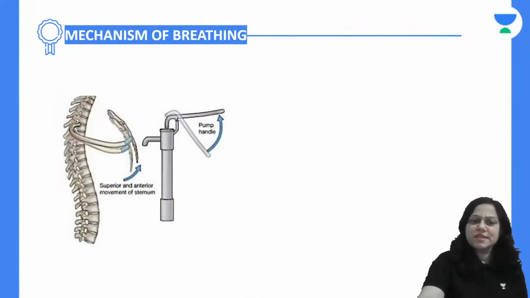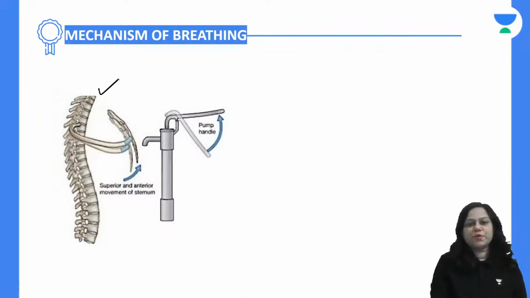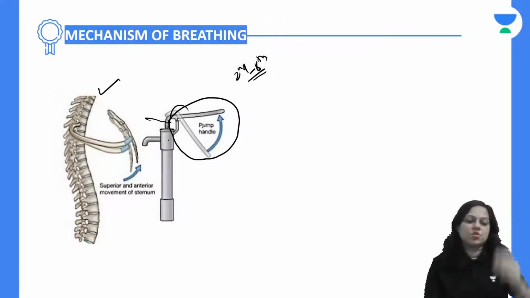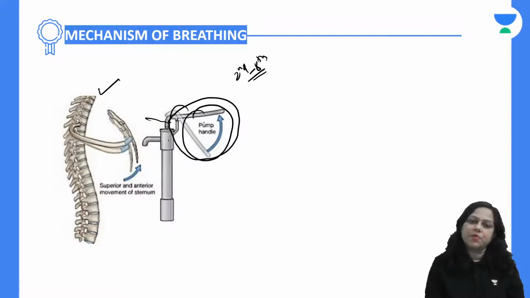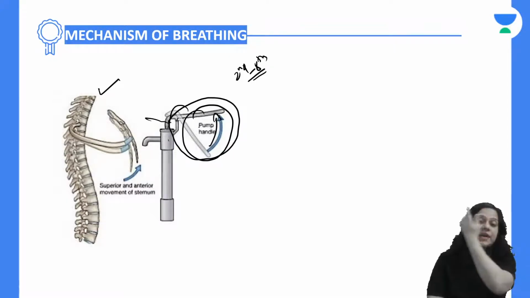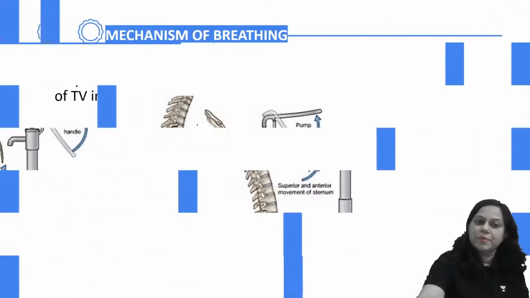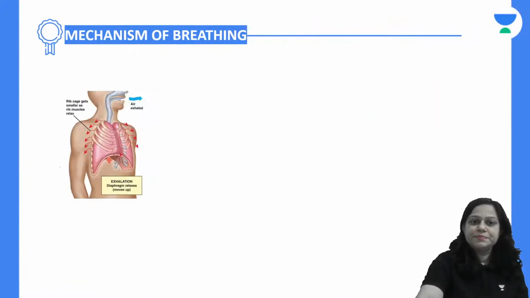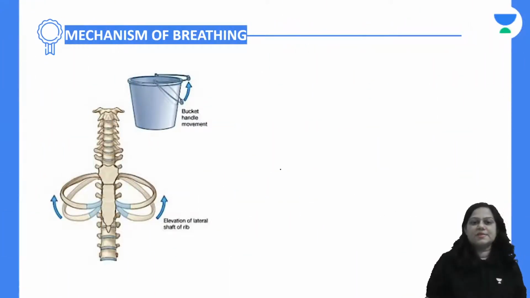So if you see the image, this is how the pump handle movement will occur. Second rib to sixth rib will move upward, like moving the handle of a pump. So this is called the pump handle movement. And another one is this one.